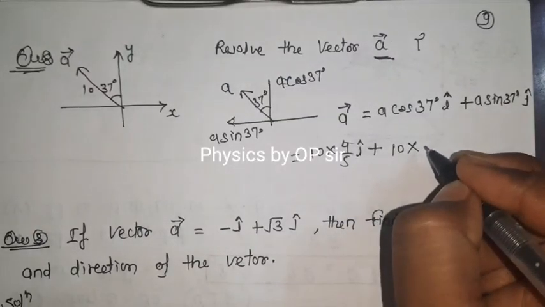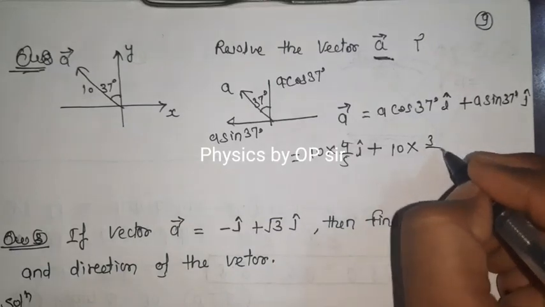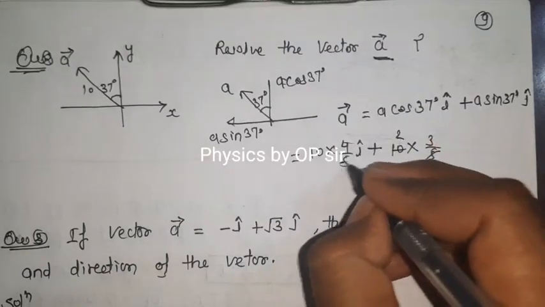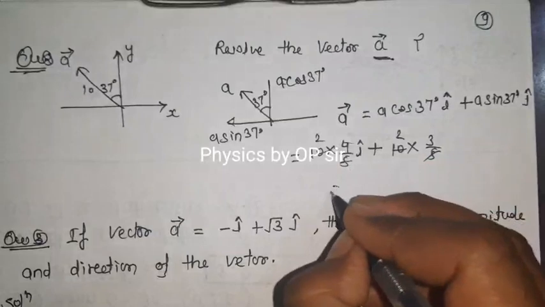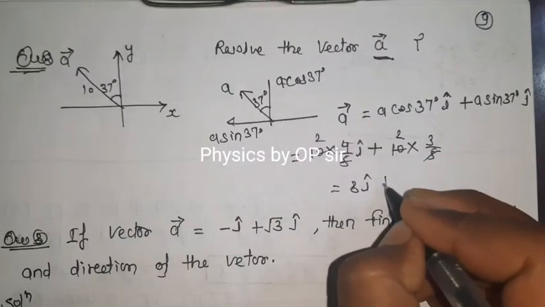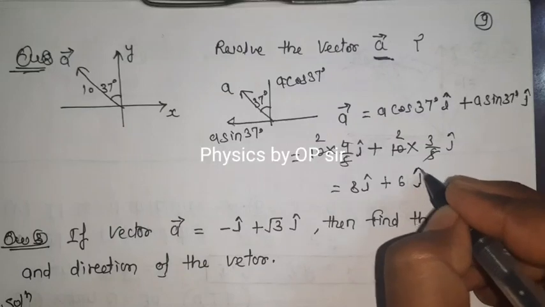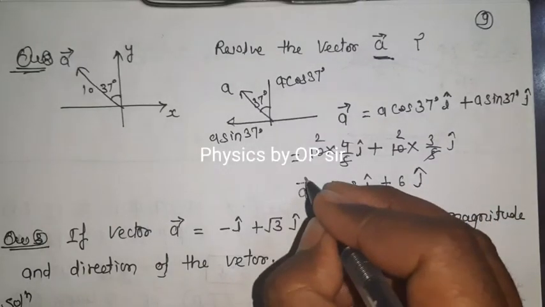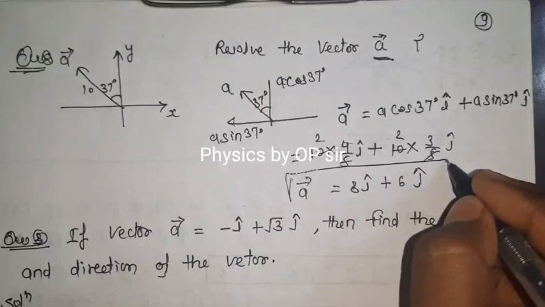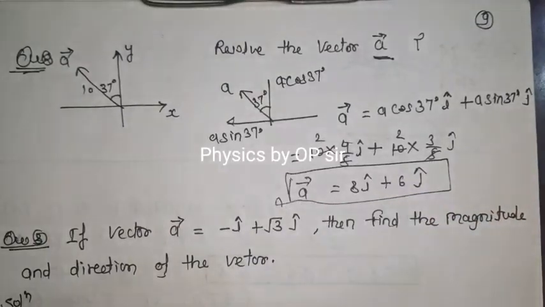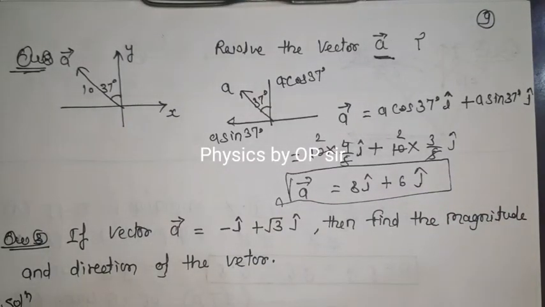Sin 37 is 3 by 5. When we solve, 2 times 4 is 8 i cap plus 6 j cap. This is the value of the a vector. The question asks what the a vector is: 8 i cap means x direction, and 6 is j cap.